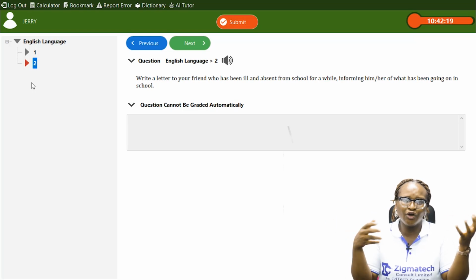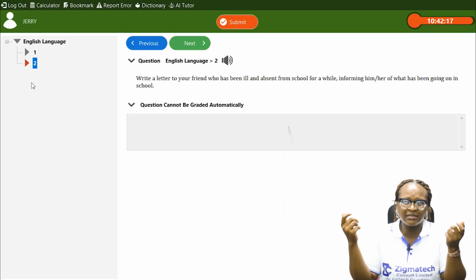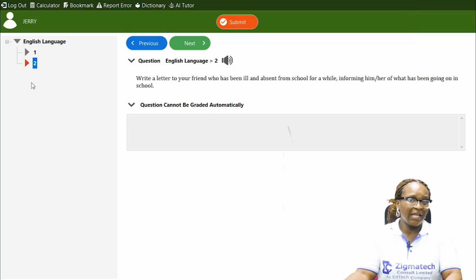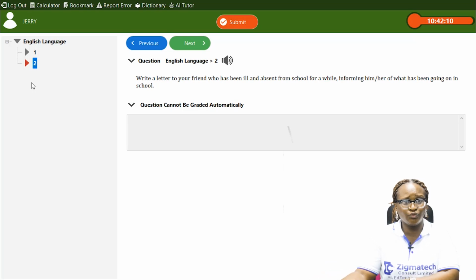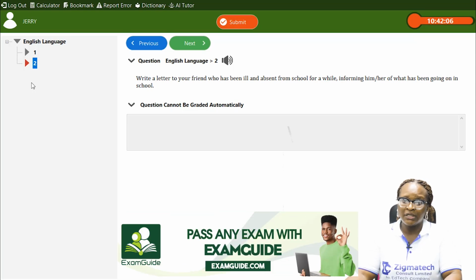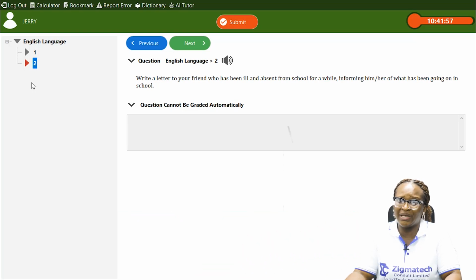You know, when you bring on new ideas, it makes people want to read your work the more. So unlike the formal letter where you don't exchange pleasantries, pleasantries are allowed in informal letter. But another thing I want to point out is this: as much as pleasantries are allowed in informal letter, do not think that your very first paragraph must be pleasantries. The tone of the letter determines if you would exchange pleasantries with whomever you're writing to in the first paragraph.